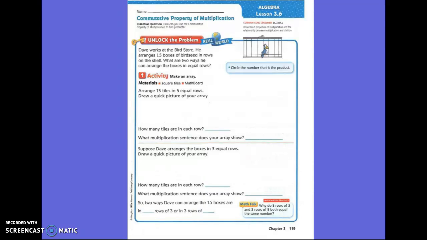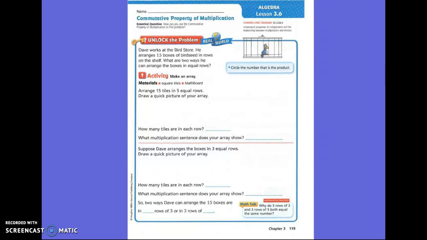Let's read the story so we can figure out what we are going to do. Gabe works at the bird store. He arranges 15 boxes of bird seeds in rows on the shelf. What are 2 ways he can arrange the boxes in equal rows?